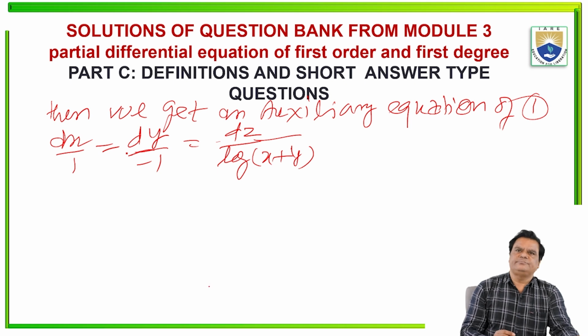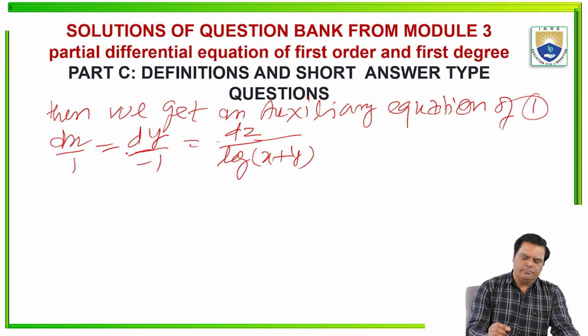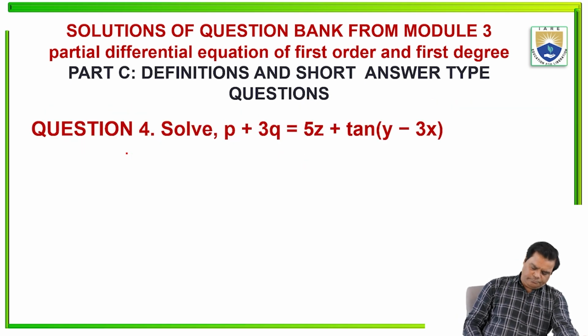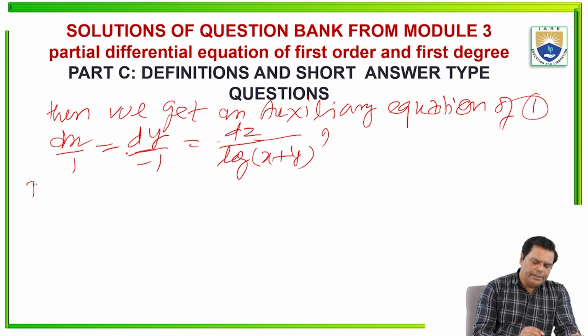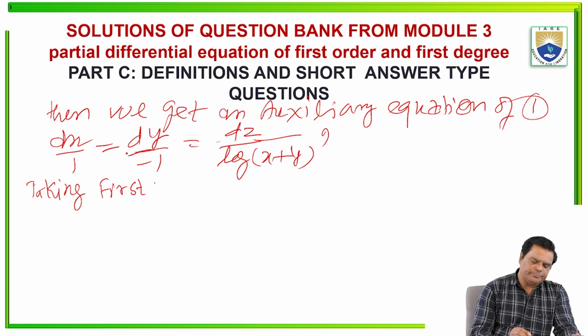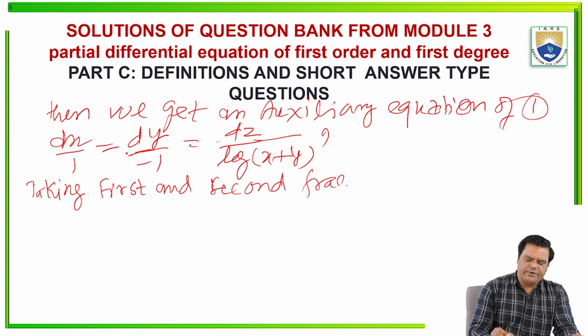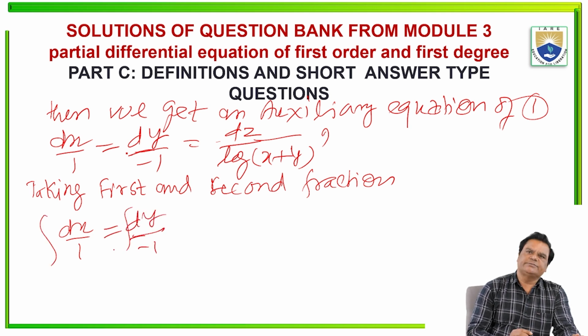Okay. Here taking first and second fraction, dx upon 1 equal to dy upon minus 1, integrating on both sides.